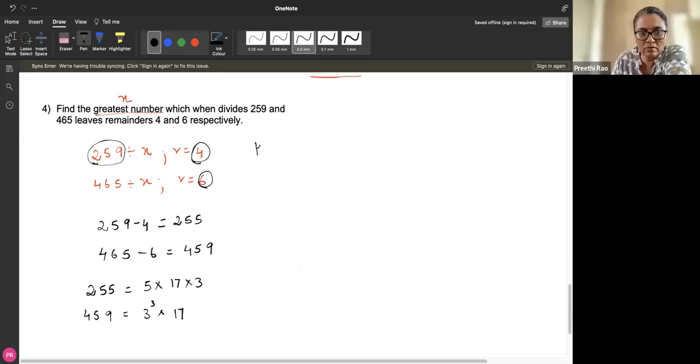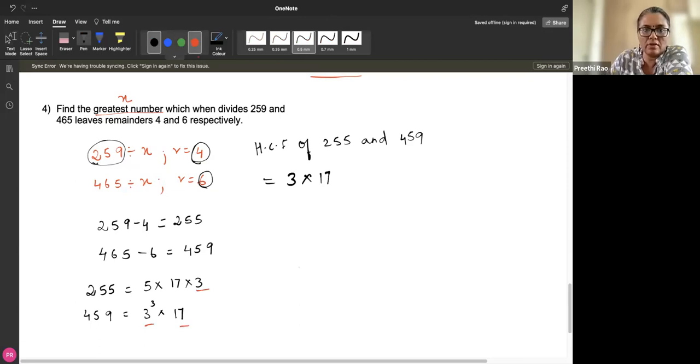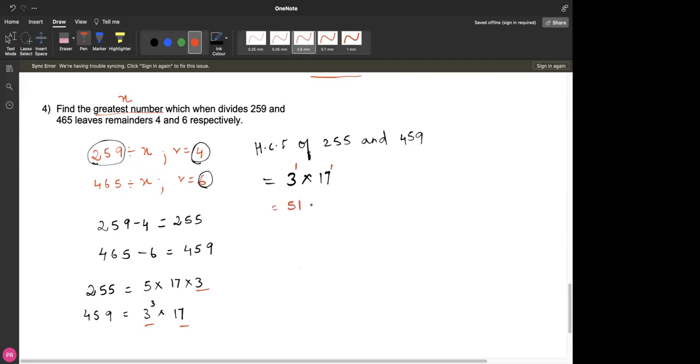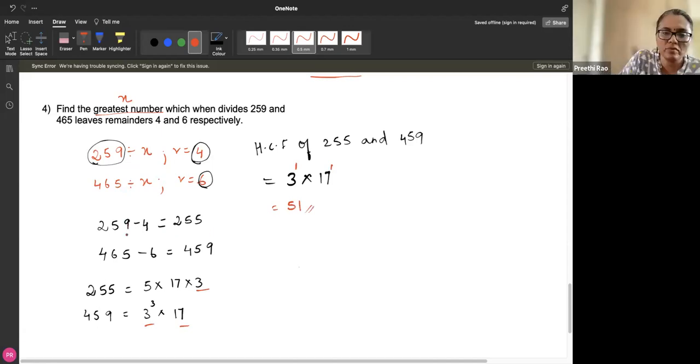We write only the common factors, so we write only 3 into 17. But we take the lowest exponent. So we take 1 and 1, and the answer is 51. So why did Vijay say we have to subtract 4 from 259?